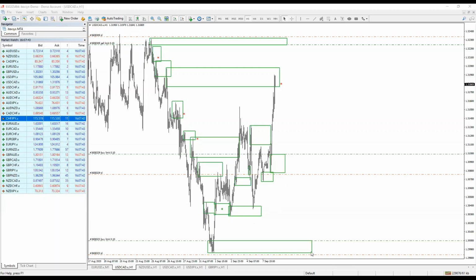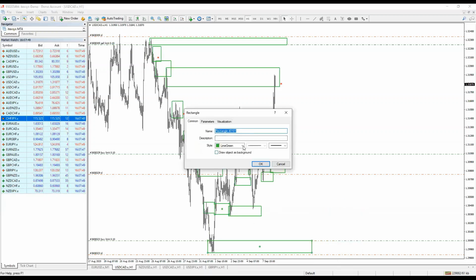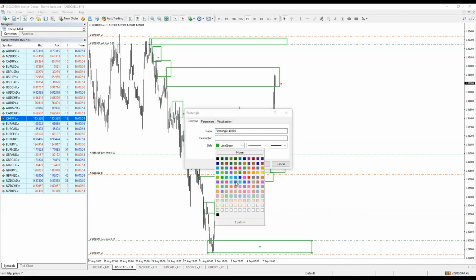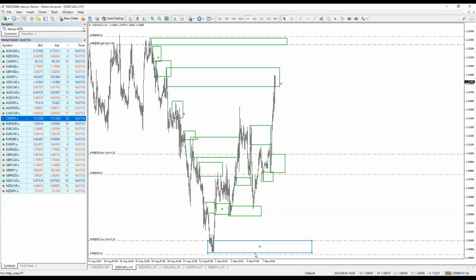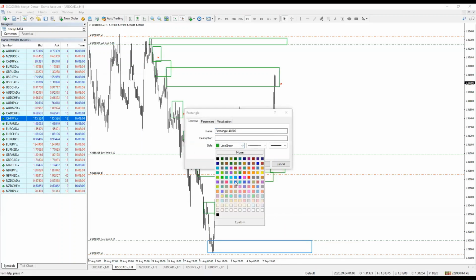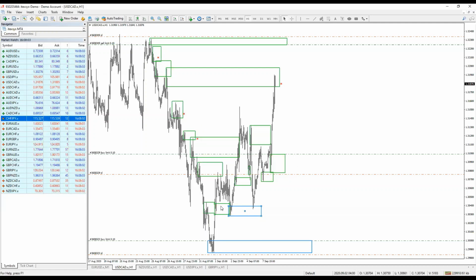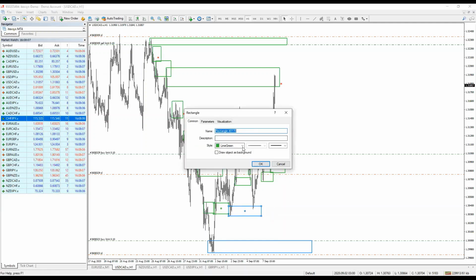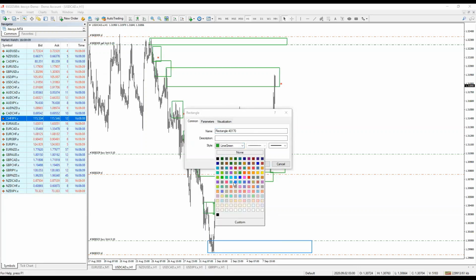You know what? Let's do it right now. Let's just change these colors. Whatever colors you decide, it's okay. There's no convention here, as long as you understand what the colors represent. So we have demand, and we leave the supply green.